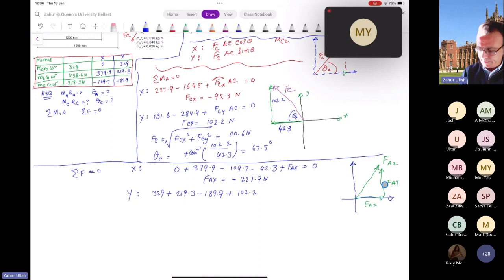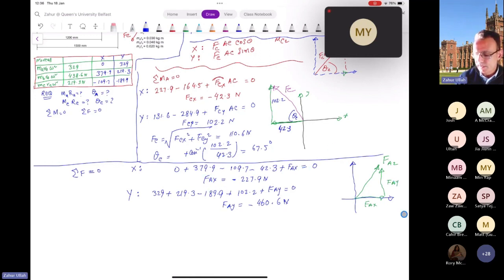And then you will have to add this FAY, and everything should be equal to 0. So FAY should be equal to the only unknown in this equation. You can calculate that from here, which is minus 460.6 Newton.